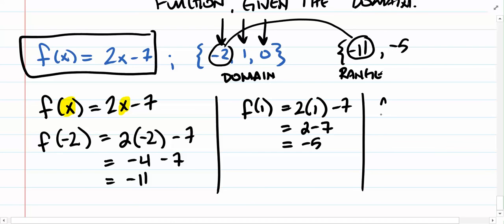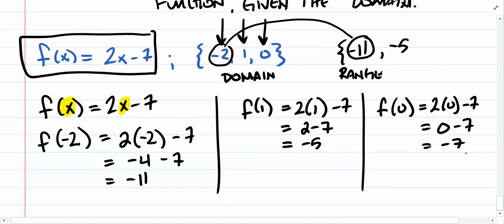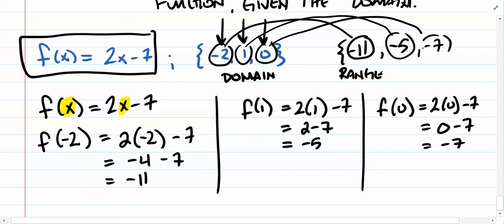And then lastly, f of 0 would have to be 2 times 0 minus 7, which would then give me 0 minus 7, which of course is just negative 7. So the last element in my range would be negative 7. So 1 would be mapped to negative 5, and 0 would be mapped to negative 7.